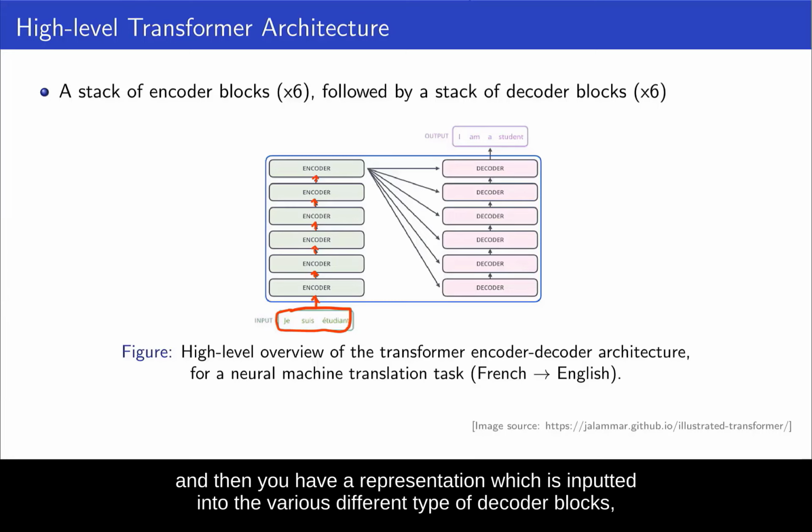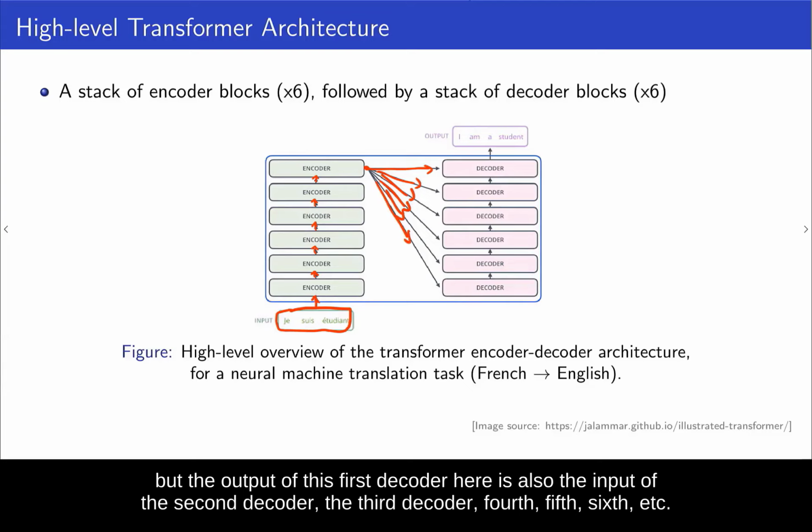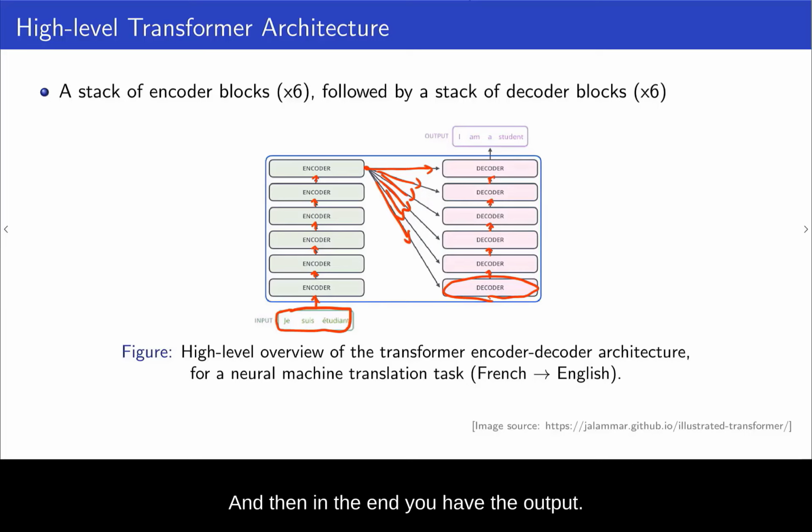And then you have a representation which is inputted into the various decoder blocks. But the output of this first decoder is also the input of the second decoder, the third decoder, fourth, fifth, sixth, etc. And then in the end, you have the output.